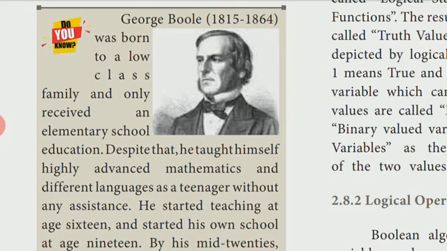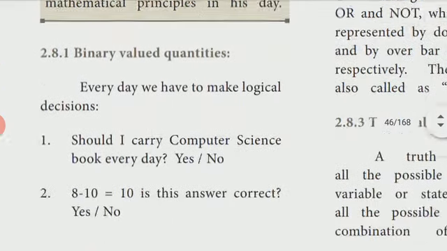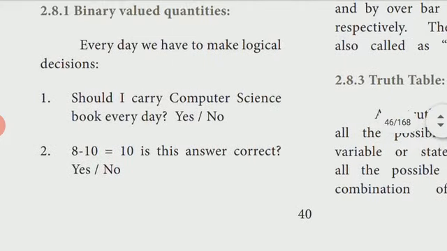Now we are going to see why we are using Boolean algebra. For example, we can ask some questions. Have you had your lunch? For this question, we have to say yes or no. Have you studied? For this question also, yes or no. And how did you write your exam?